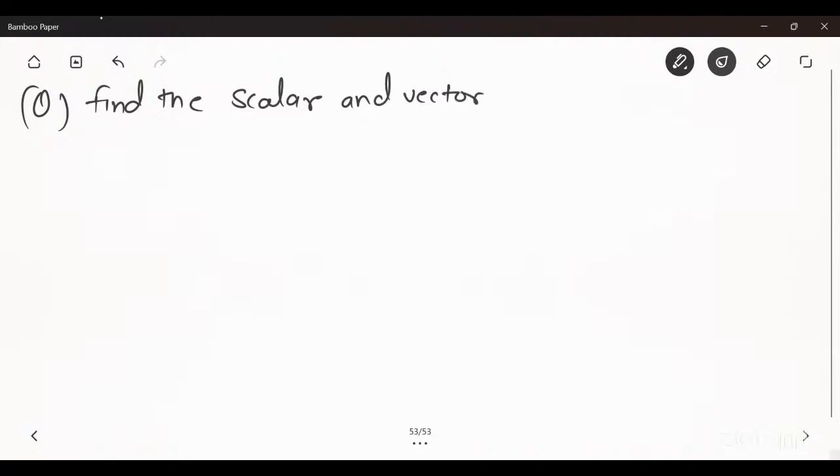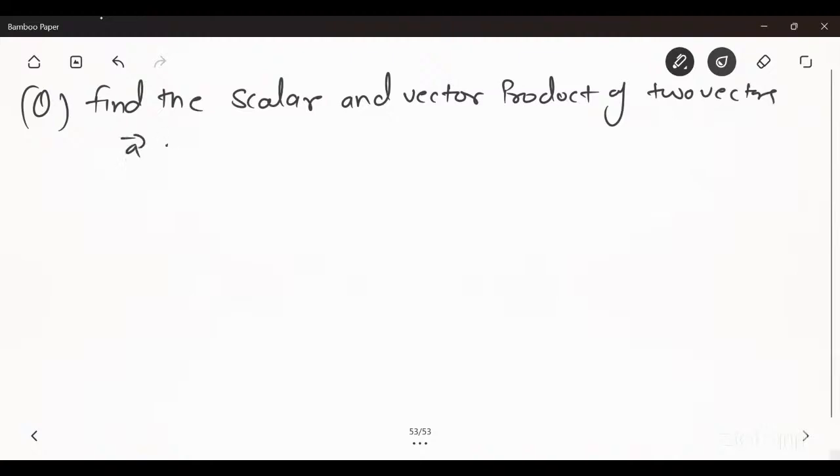So the first question is, find the scalar and vector product of two vectors.